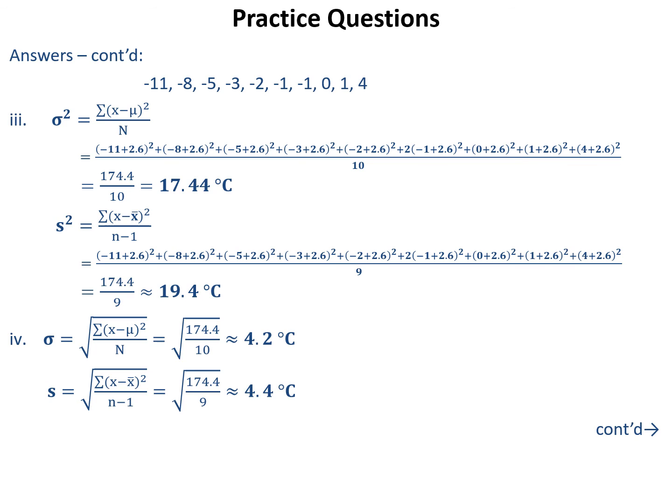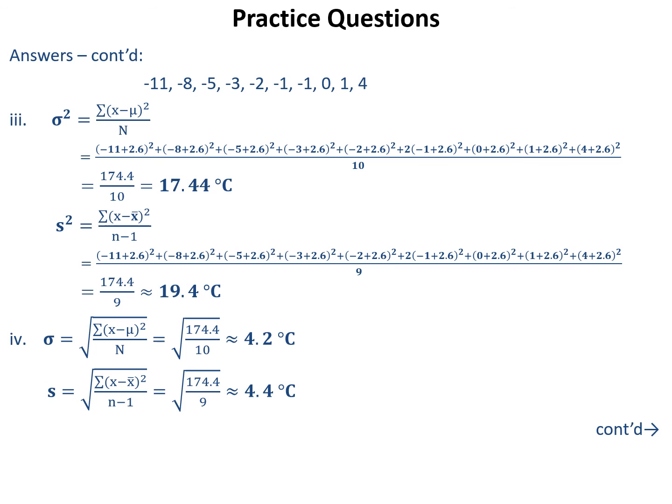And then in the case of sigma squared, we divide by the population size of 10, whereas for s squared, we divide by the sample size minus 1, which equals 9. So we get sigma squared equals 174.4 divided by 10, which equals 17.44 degrees Celsius. And s squared equals 174.4 divided by 9, which rounds to 19.4 degrees Celsius.